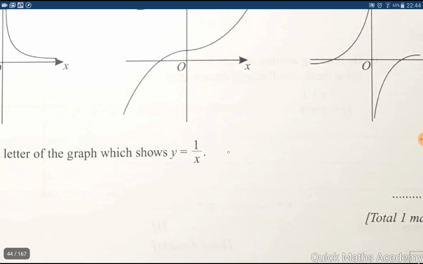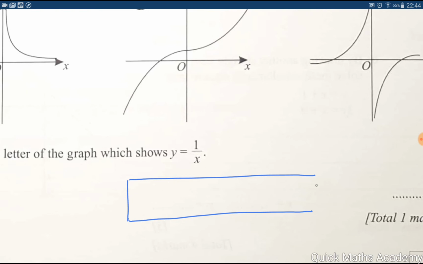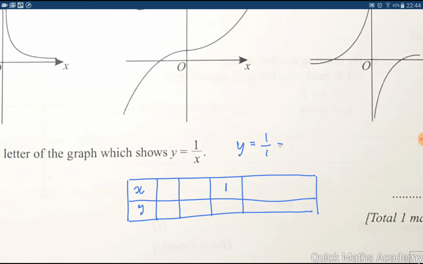I'll do x and y. If my x is 1, my y is what? Well, my y is 1 over 1, which is 1. So the point 1, 1 must be in the chart.